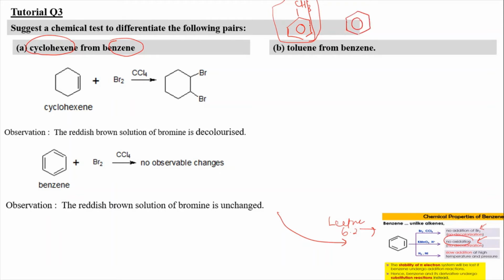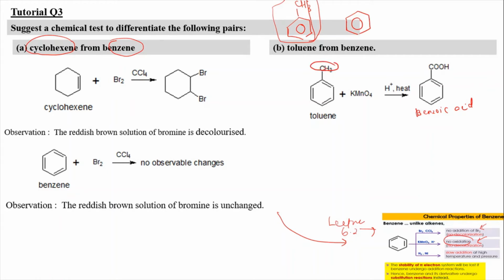So in order to differentiate between toluene and benzene in lab, what we can do is we're going to do a test with KMnO4. So for toluene, it can undergo oxidation in order to form a benzoic acid here. As mentioned, the oxidation only occurs at the side chain of the benzene.